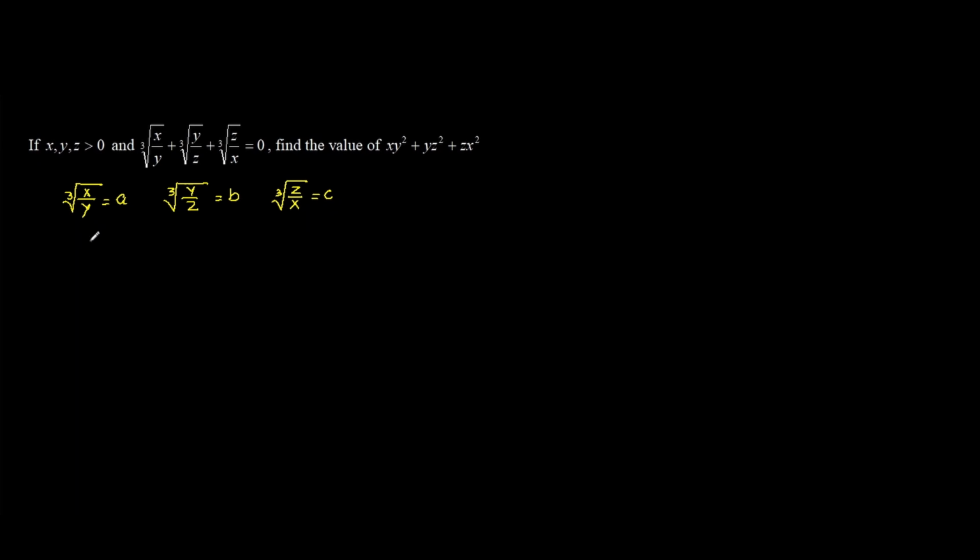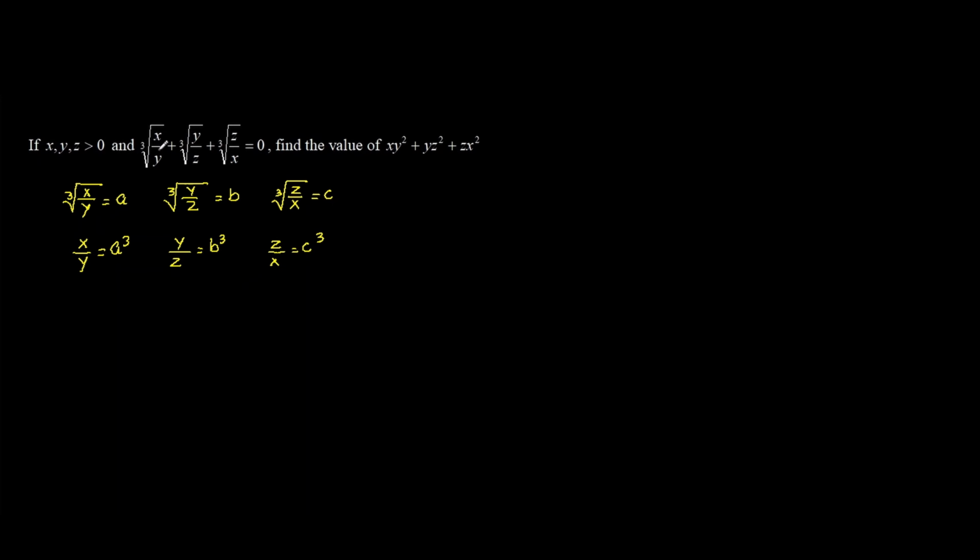Now, if we cube both sides, we get x over y equals a cube, y over z equals b cube, and z over x is equal to c cube.